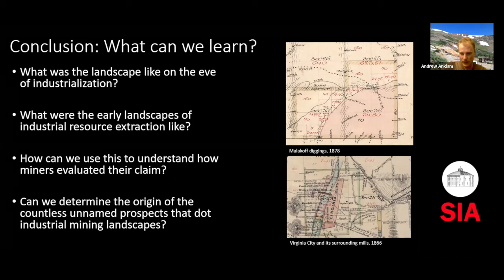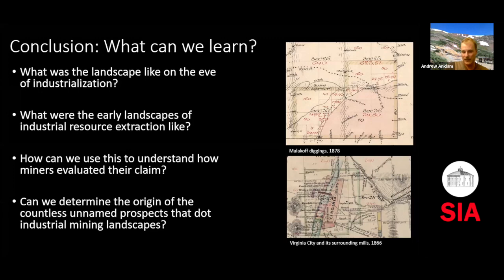But my question is, what about all these mills on the exterior or the prospect pits that dot the landscape here? It doesn't really look like a lot of these pits are on these maps, but oftentimes I've found that what's not on the map is reflected in the notes. They're talked about in the notes, but they don't make it on the map.